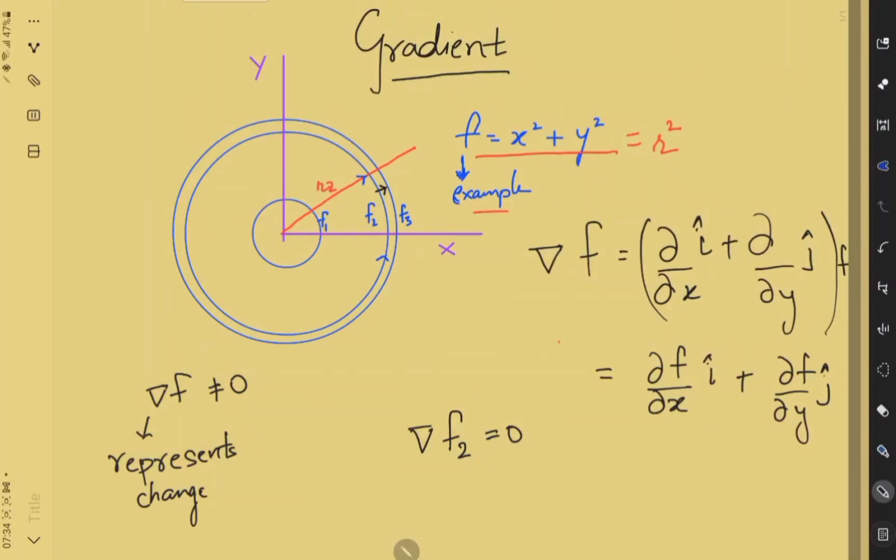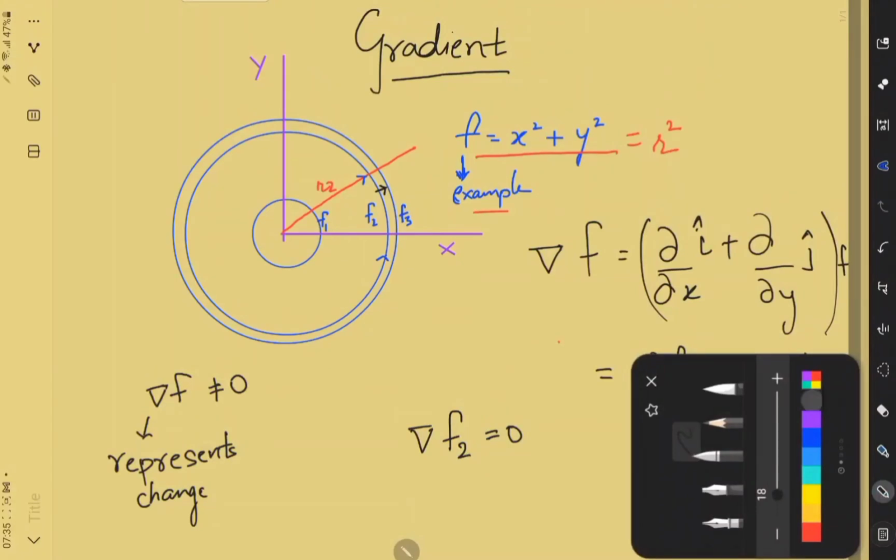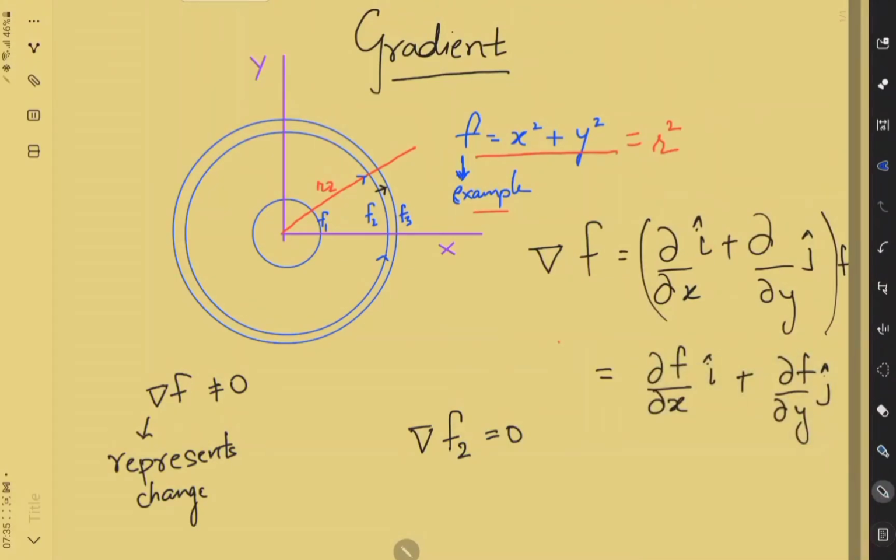If we apply del on a vector quantity, then it becomes something else.